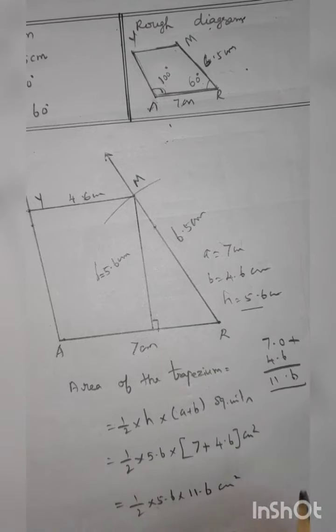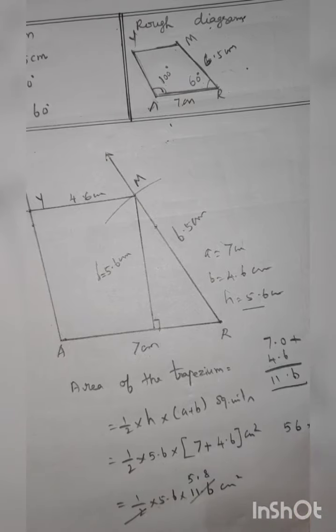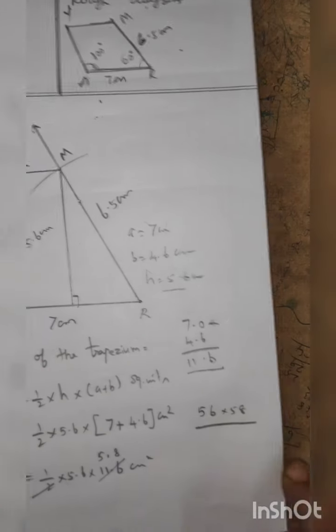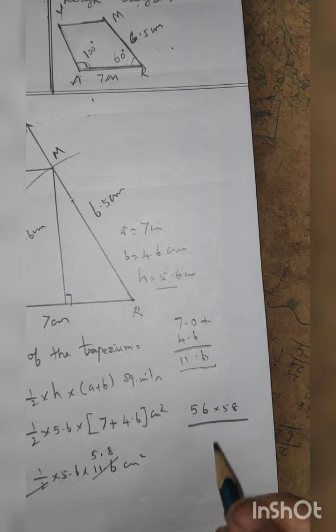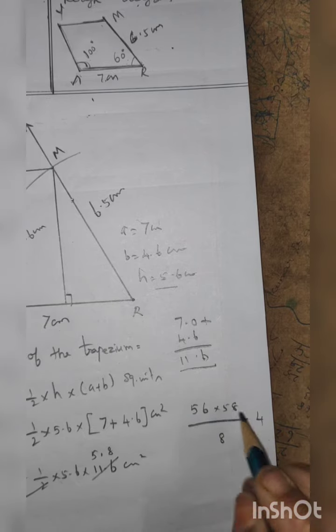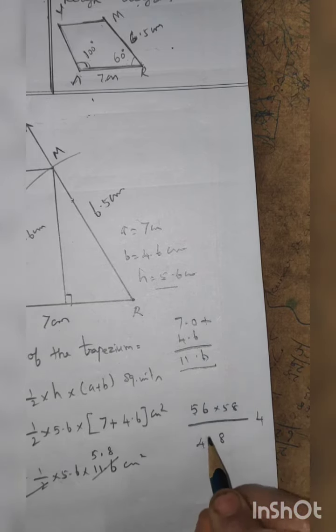Any number possible, you strike out the number. Now I strike out here 2 and 11.6. 5 2s are 10, remaining 1, 8 2s are 16. Now 5.6 into 58, you multiply there. So remove the decimal point and multiply there. 6 8s are 48, remaining 4. 5 8s are 40, 40 plus 4, 44.